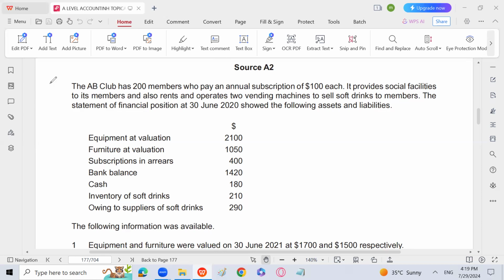That subscription for the year, or the subscription which we are supposed to write in the income and expenditure account as subscription income, will be 200 into 100, and that is going to be 20,000. It is not the subscription which we are going to receive that comes in the income and expenditure account.